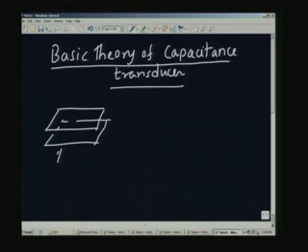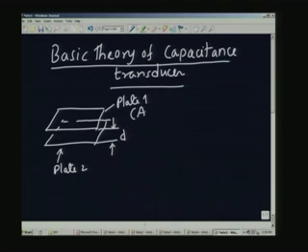These are two parallel plates, plate 1 and plate 2, these are conducting plates, and in between you have a gap equal to a distance d. We will say the area is A, here the area is also equal to A, and we have a dielectric in between. So, this gap is full of a dielectric.